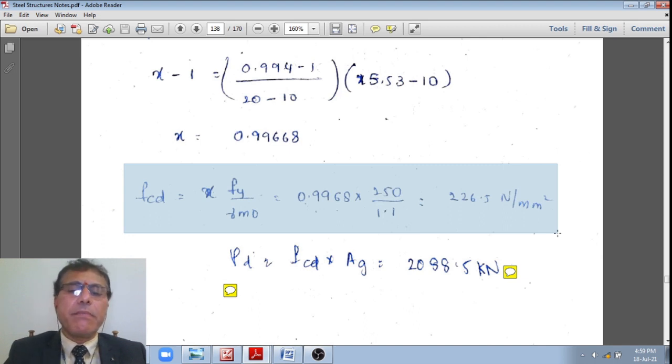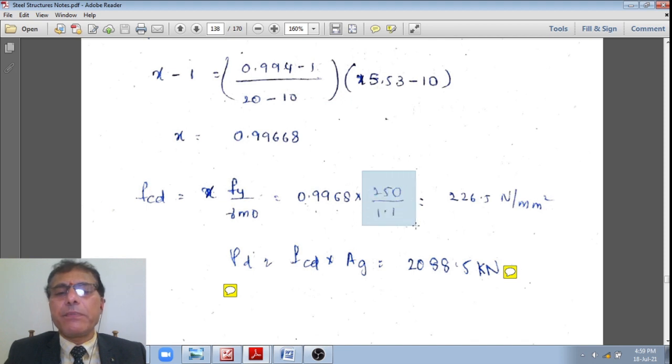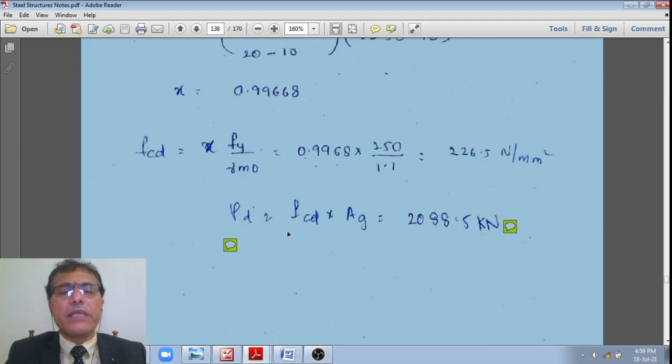The maximum permissible design compressive stress is 250 divided by 1.1, which is 227.27. Therefore 226.5 is obviously less than 250 divided by 1.1, which is 227.27 Newton per millimeter square.